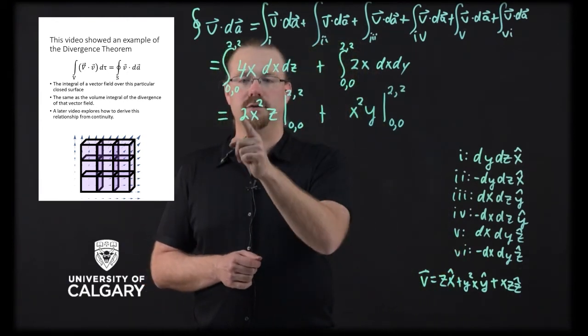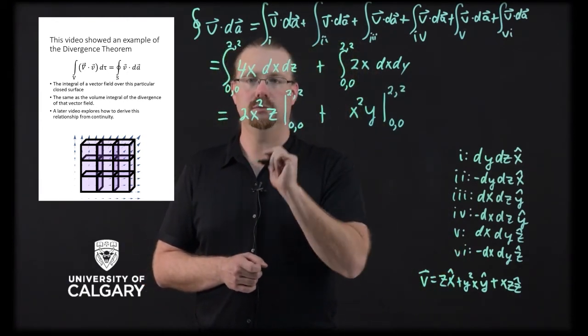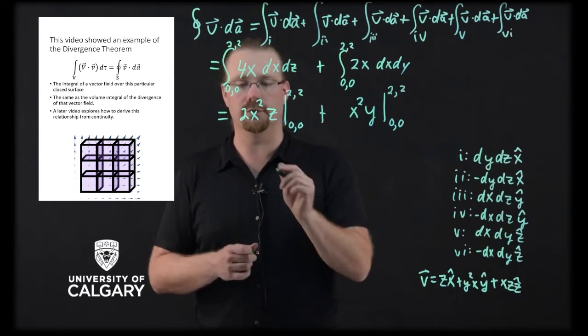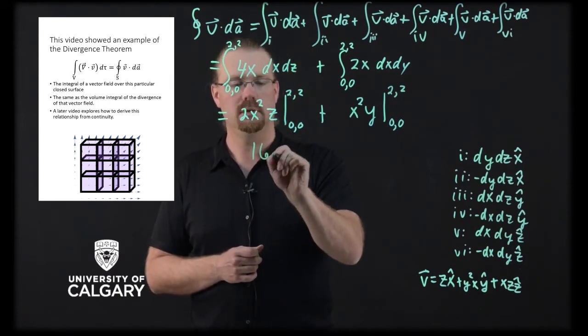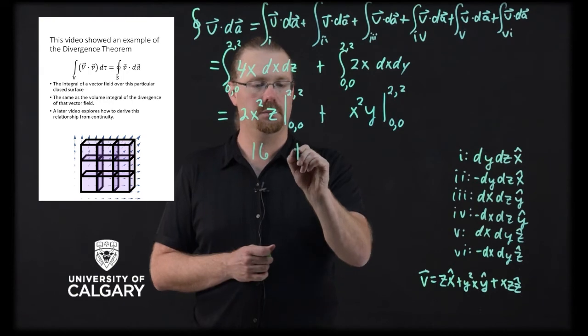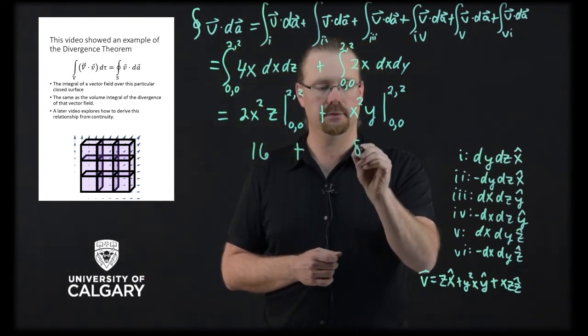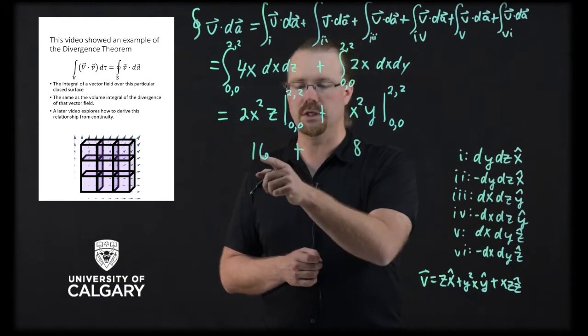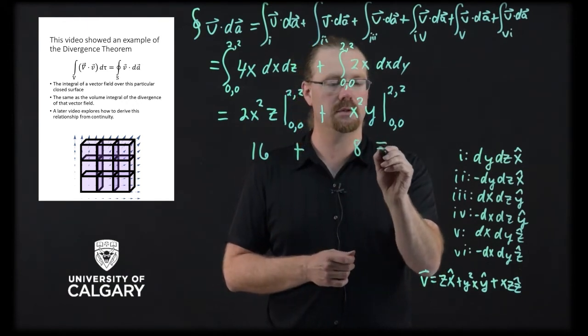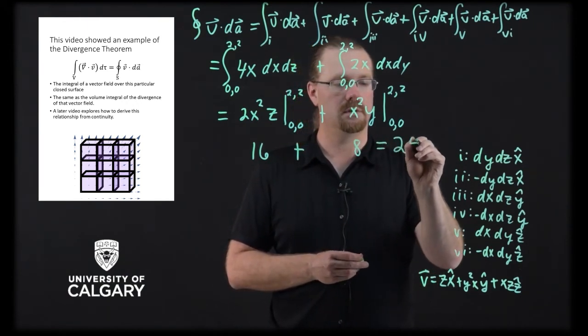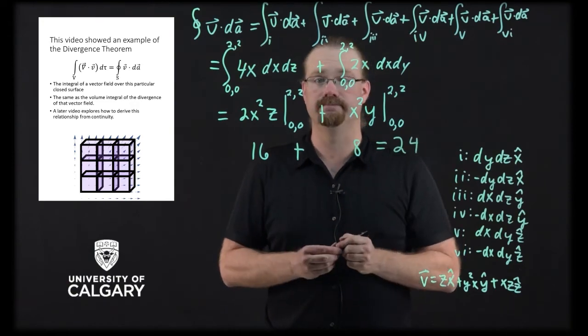Plugging all of this in, we have 2 times 2 times 2 times 2, which is 2 to the 4th, or 16, minus 0, plus 2 times 2 times 2, which is 8, minus 0. So 16 plus 8 gives 24.